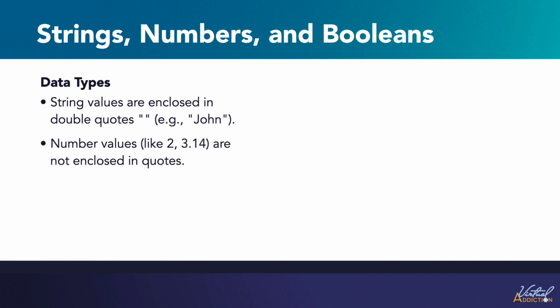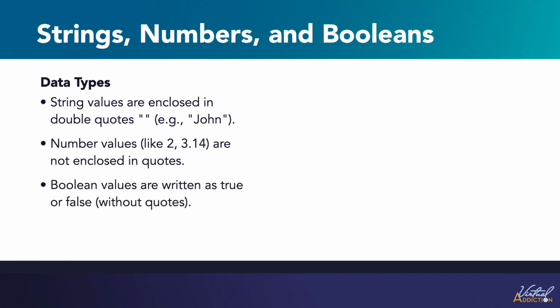Numbers, these are values such as 2 or 3.14, they are never enclosed inside of quotes. And Boolean values are written as true or false without quotes. You can see in my example, isActive is set to a Boolean of true, count is set to a numeric value of 5, and user is set to a string value of Alice.